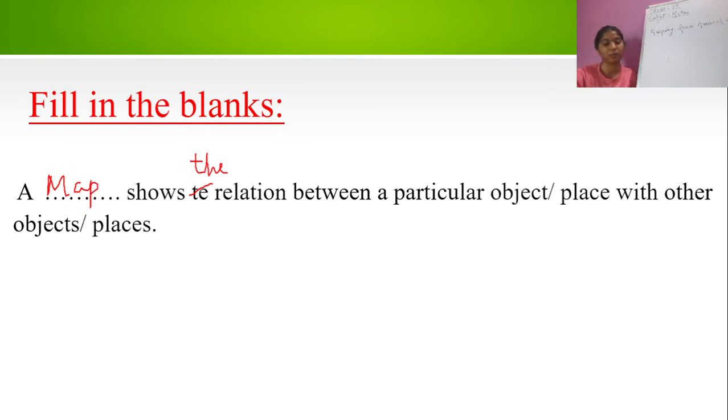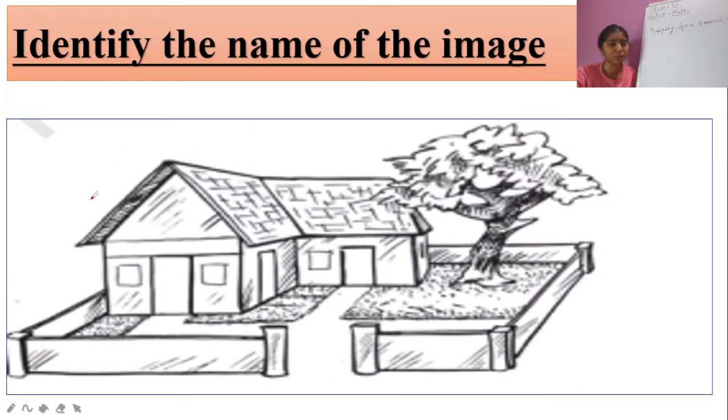Okay students, very good. Now, students, identify the name of this image. Do you find any image? Yes, there is an image of a house along with a tree, right? Okay, very good. Now students, why am I showing this image to you?